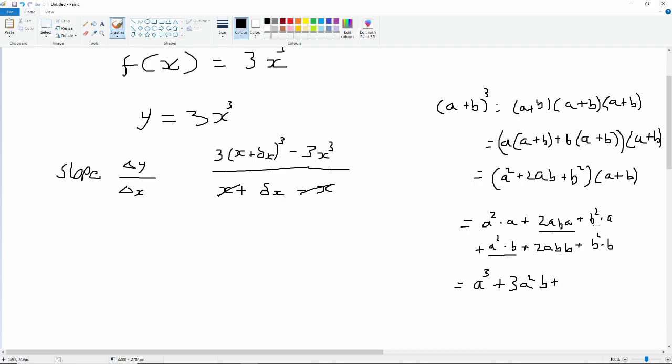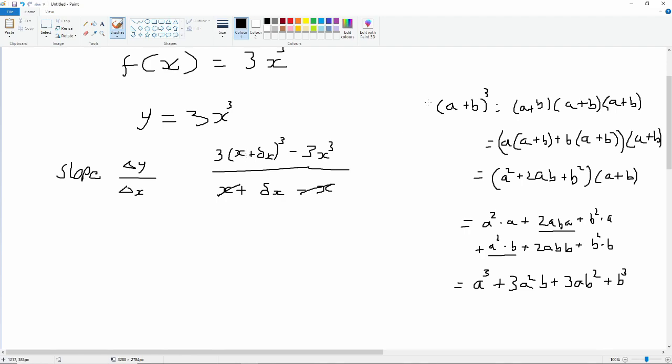Plus, and then we've got b squared times a plus 2ab times b, well abb is ab squared, so that's b squared times a plus 2 times a times b squared, which would equal 3ab squared. And then b squared times b is b cubed. And that is our expanded out form of a plus b cubed.